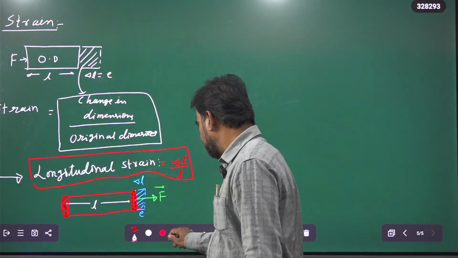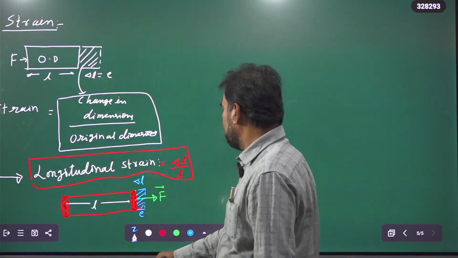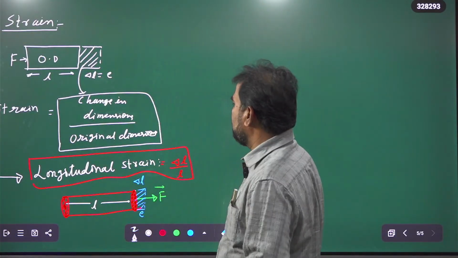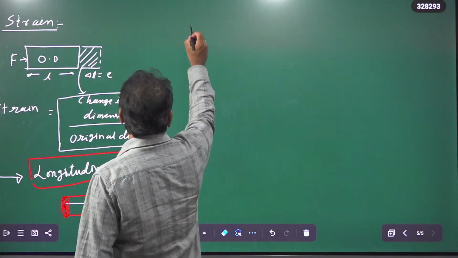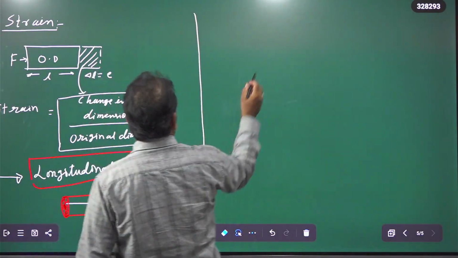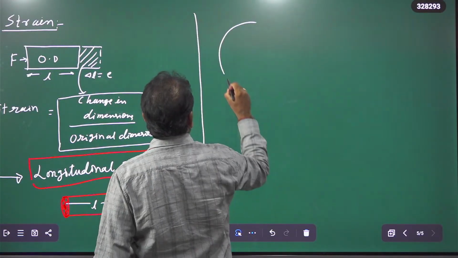Next one is the normal strain or bulk strain. The bulk strain is generally defined as follows. Suppose consider a sphere.